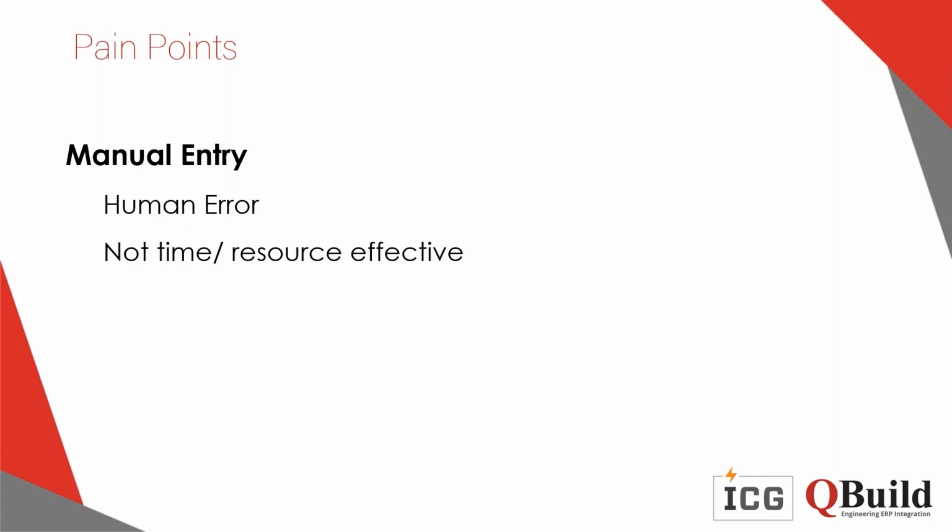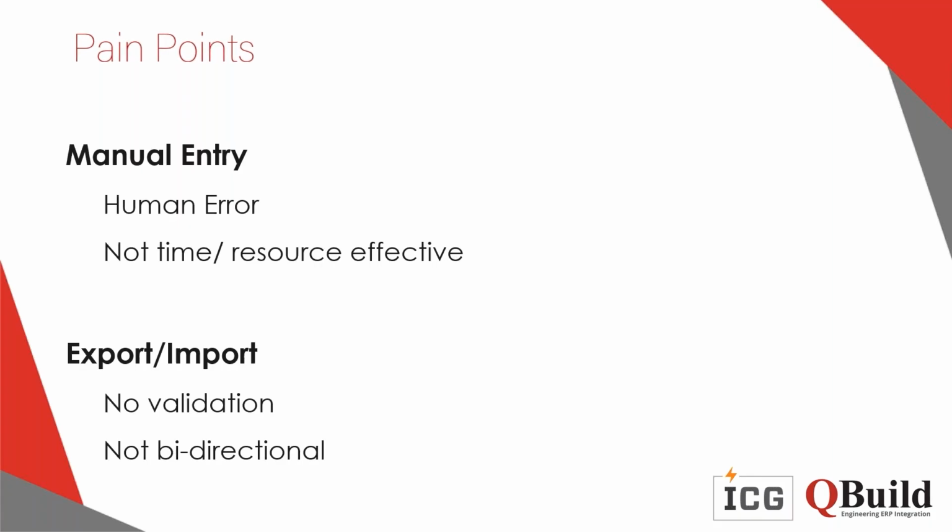Number one, manual data entry, the human error, it's not time and resource effective. And then with the blind push, the import-export, we have no validation and it's not bidirectional, are the two biggest disadvantages.